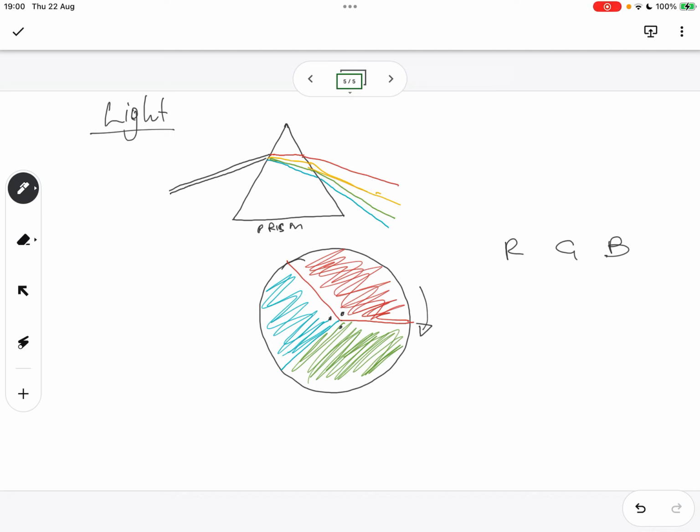So yes, this is what happens with light. The visible spectrum of light is a small part of a much greater series of wavelengths, and this is called the electromagnetic spectrum.